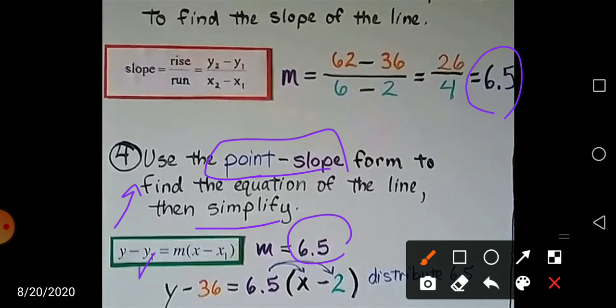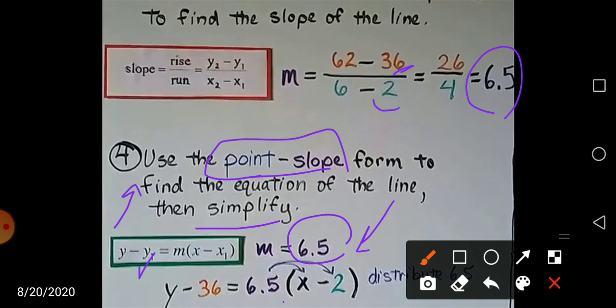That's what I calculated before. And then I will substitute the numbers that I got here. y minus y sub 1, that's 36, remember? And I have here 6.5 instead of the slope m, x minus x sub 1, so it will be 2, as you see.